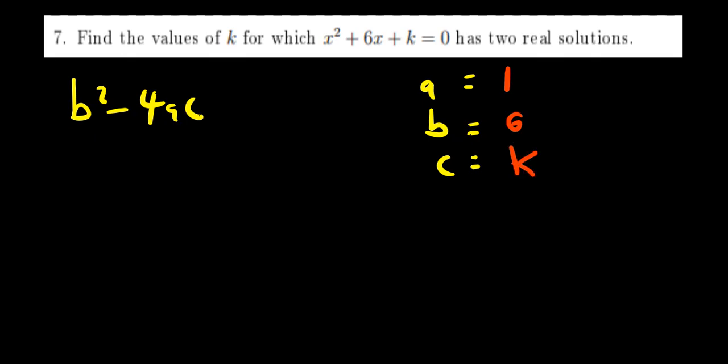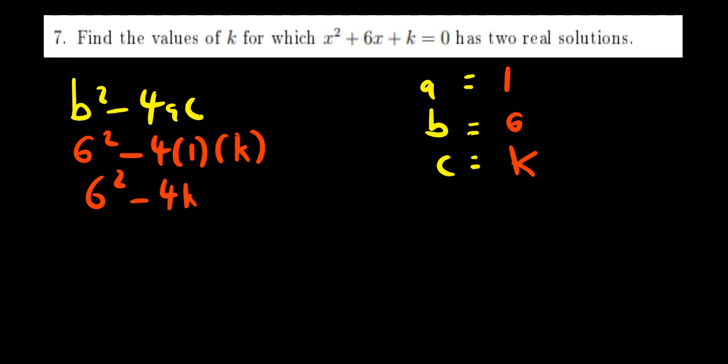Then we replace: 6 squared minus 4 multiplied by 1 multiplied by k, that is 4k. 6 squared is 36. So we have 36 minus 4k. This is the expression that we have.